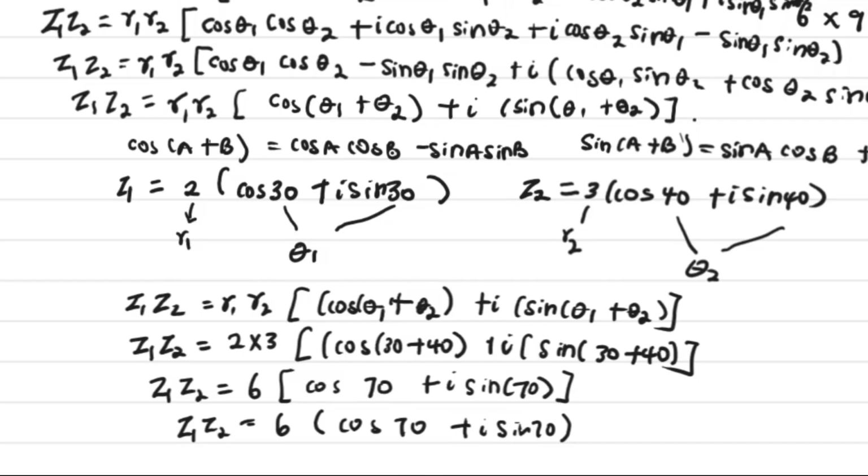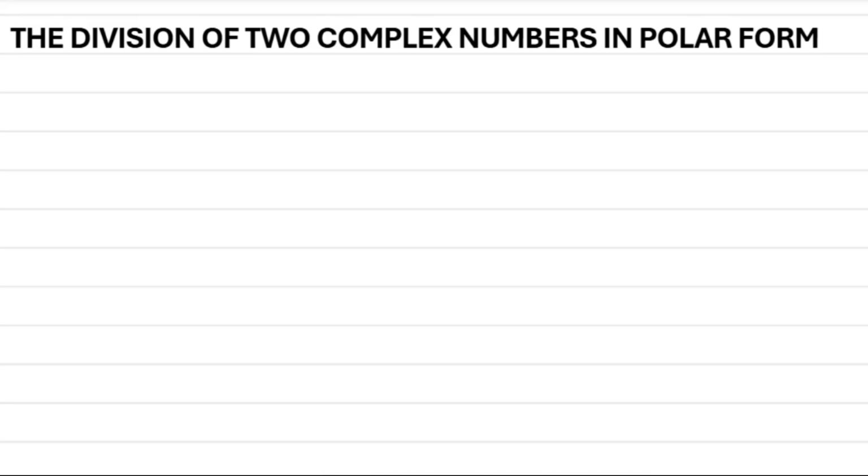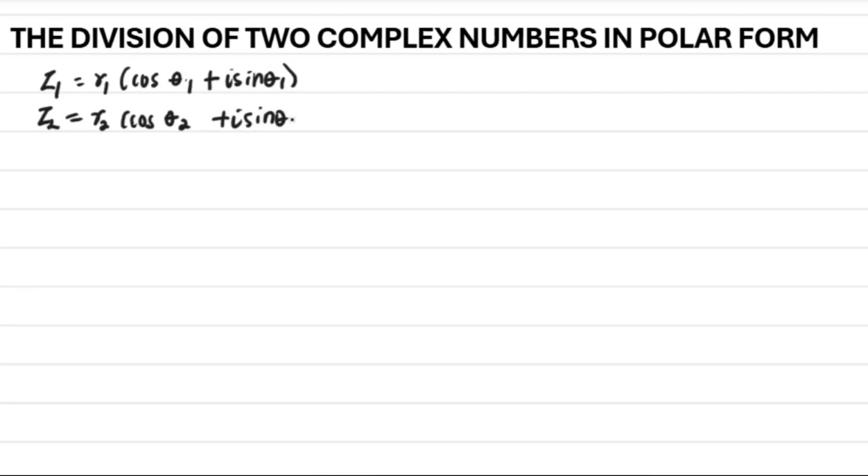Now, what also happens when we consider the division of two complex numbers also in their polar form? Now, using the same concept, if we are to consider the complex numbers Z1 and Z2, now just going straight into it, our Z1 in the polar form is going to give us R1 into cos theta 1 plus I sine theta 1, while our Z2 will give us R2 cos theta 2 plus I sine theta 2.